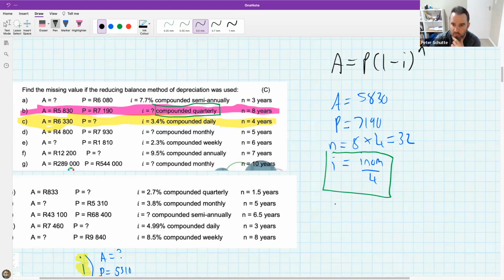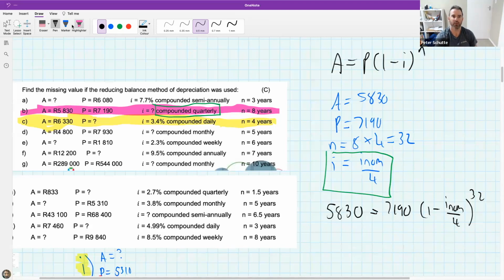Let's see how it works if we put the values in. I want to try and figure out what this depreciation is, the nominal, sorry.